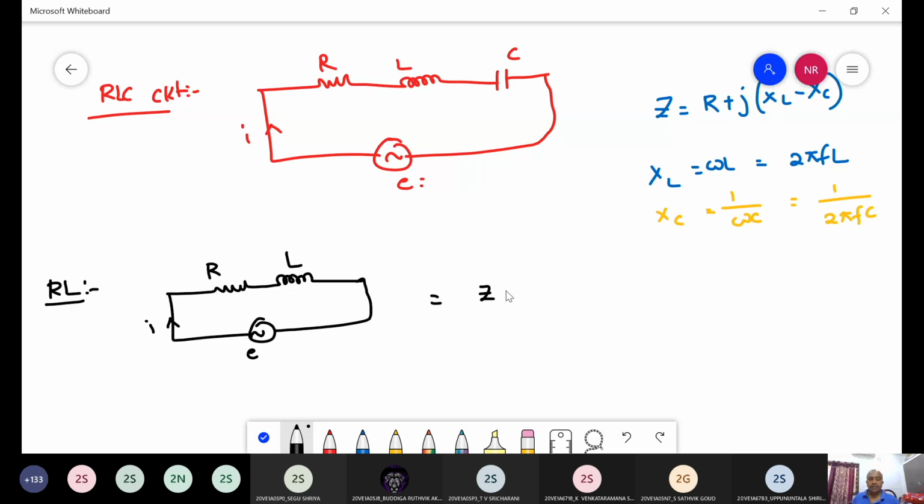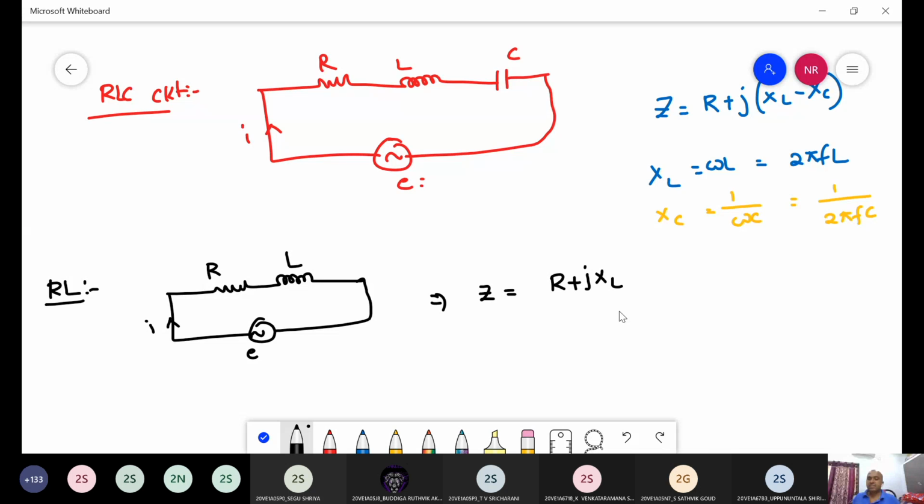Z is equal to R plus j XL, because here XC, the capacitor, is not there. So Z is equal to R plus j XL only.